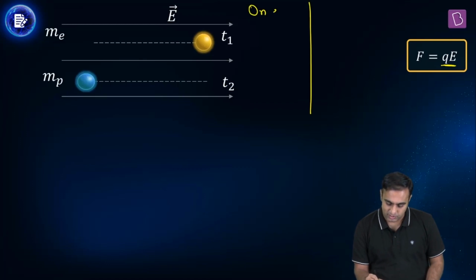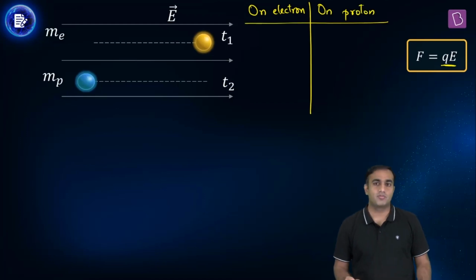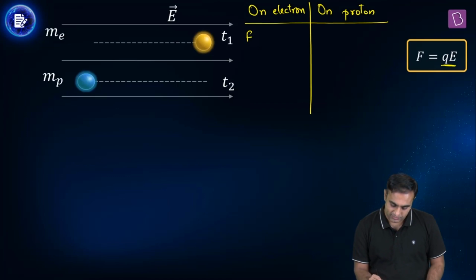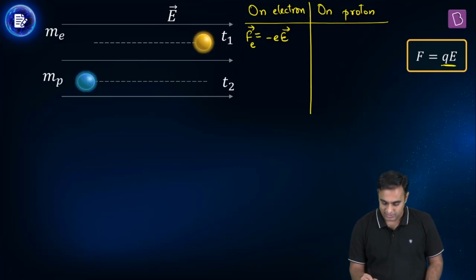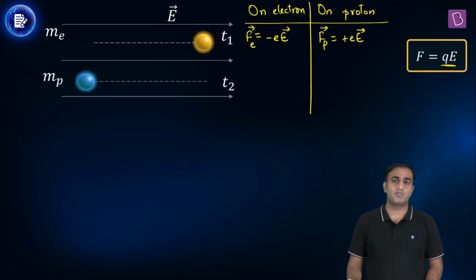Now, let's consider the force on electron and proton. It can be written as Fe equals minus e capital E for the case of electron, and for the case of proton, Fp equals plus small e capital E. Why is there a minus sign?